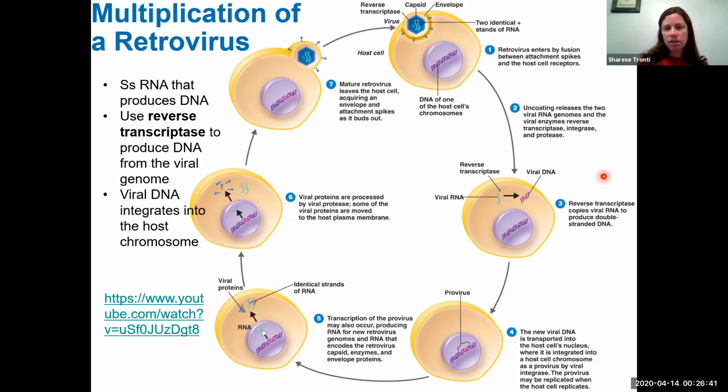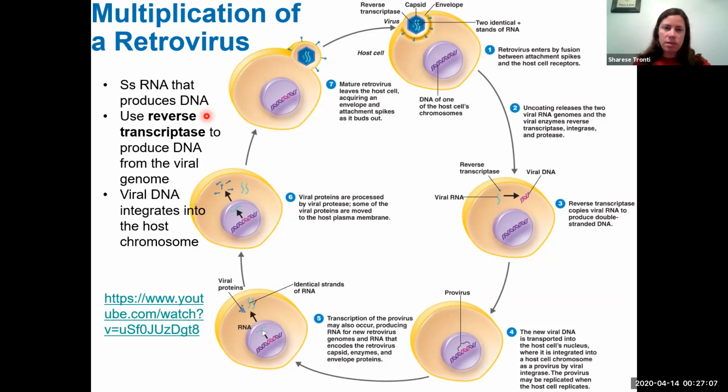But instead of taking RNA and making more RNA, now we're taking RNA and making DNA. And that's something that we don't normally do in our host animal cells. You don't take RNA and make DNA. That's backwards. But here, this is what this virus is trying to do. So it needs to bring reverse transcriptase because that's not something you're going to see in a host cell.